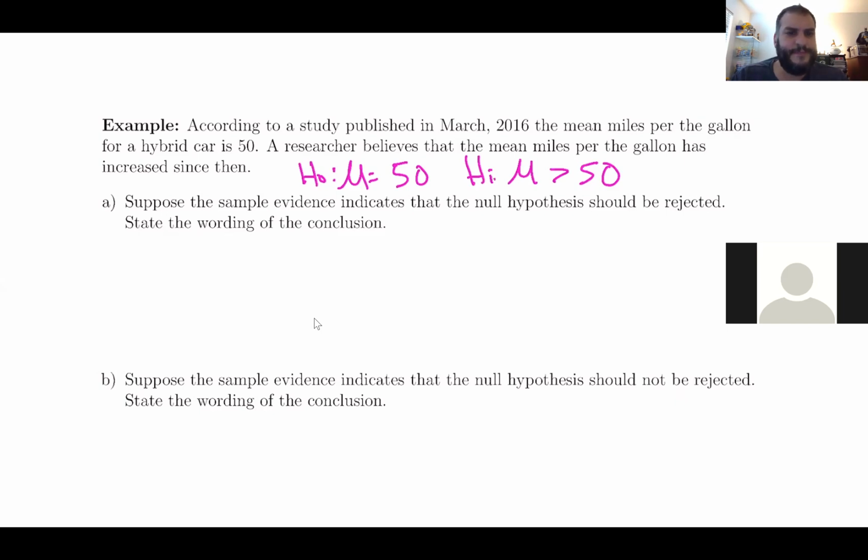If you're wondering how we got that, go to last week's notes, and there should be some notes about that. All right, so if you look at part A, it says, suppose the sample evidence indicates that the null hypothesis should be rejected. So this is telling us we should reject the null hypothesis. They're telling us the null hypothesis is incorrect, and the correct one is the alternate hypothesis.